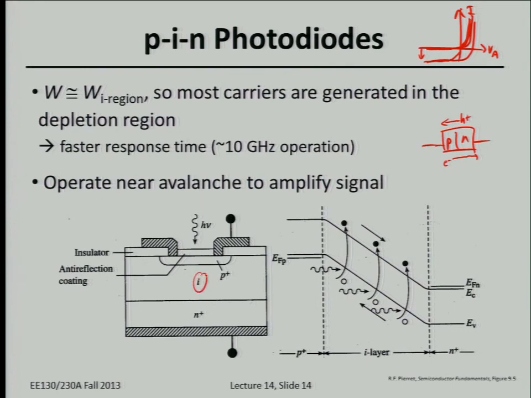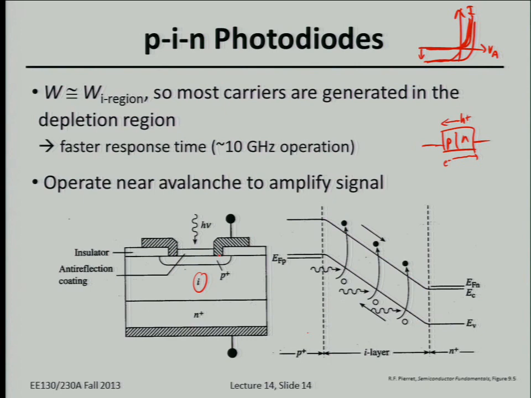One way to deal with this is to fabricate a PN junction diode with an intrinsic, very lightly doped region between the P and the N regions. Between the P and N contacts, you still have the same total difference in work function, so the built-in potential is exactly the same with or without that intrinsic region, because it's dictated by the difference in work functions at each end of the diode.